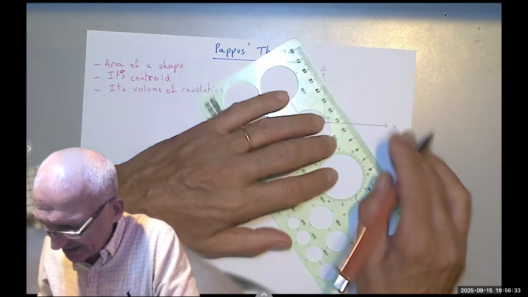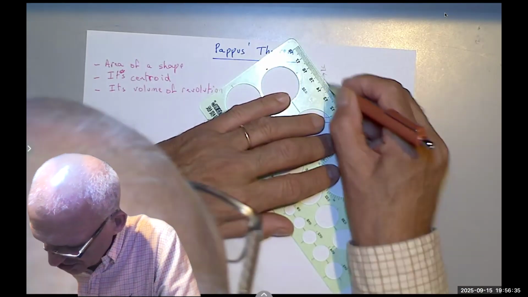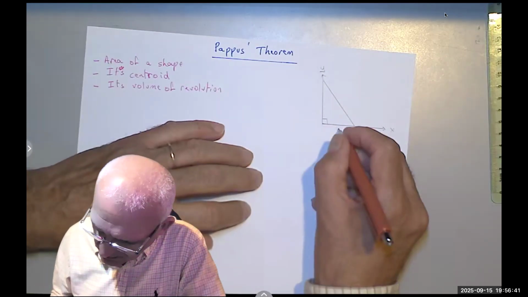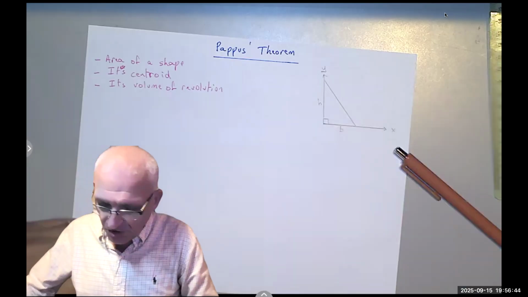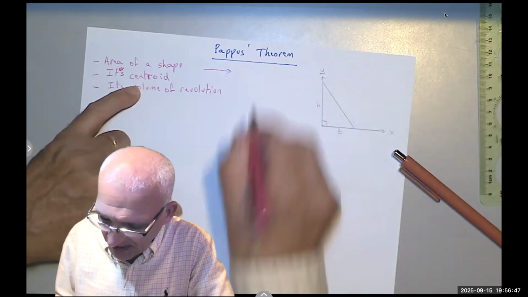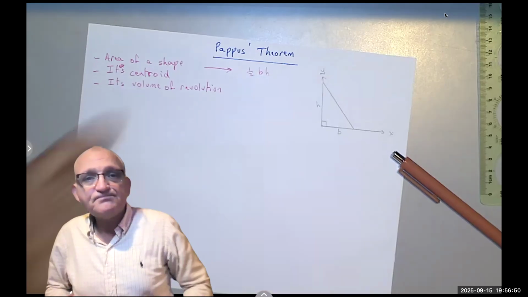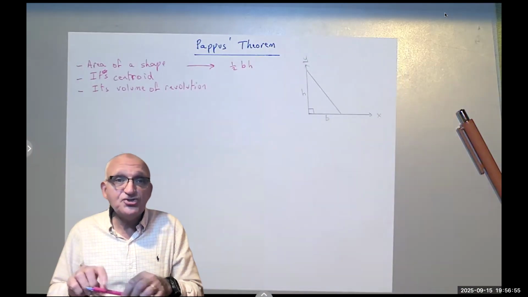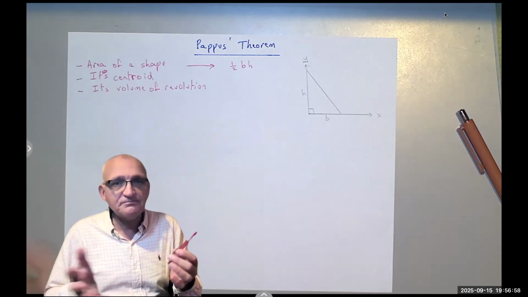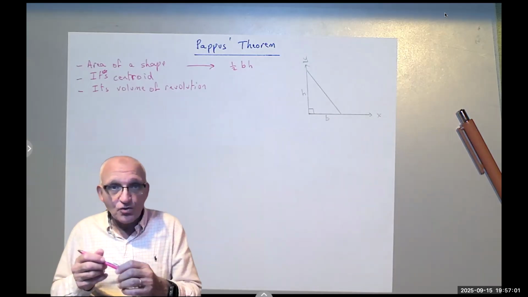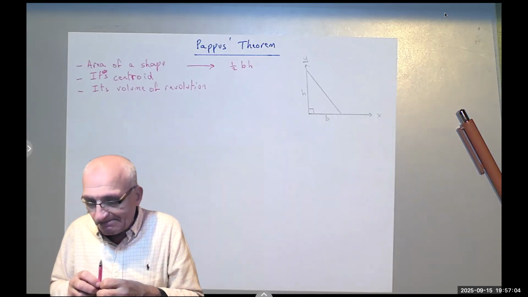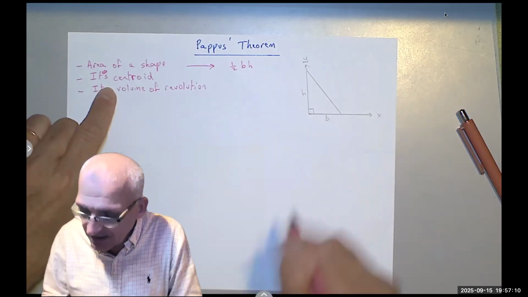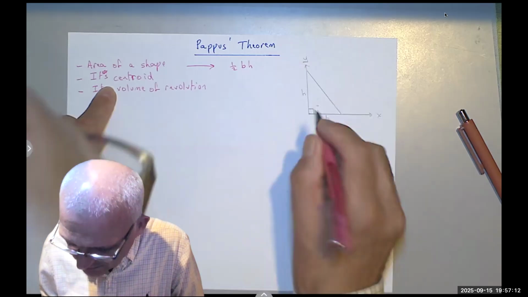And I have a triangle of base B and height H. So I know the area of the shape is 1/2 B times H. If you have checked the centroids of shapes in the statics course in Engineering Made Easy, you have learned that the centroid of a triangle is at 1/3 of the base from the right angle.